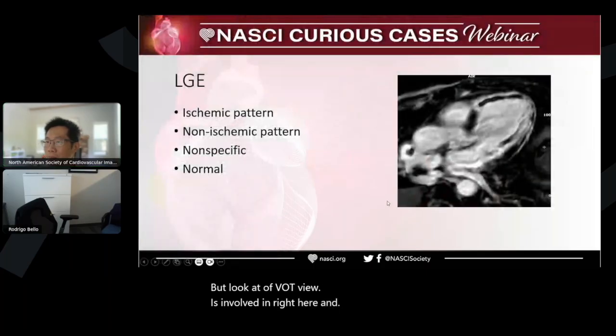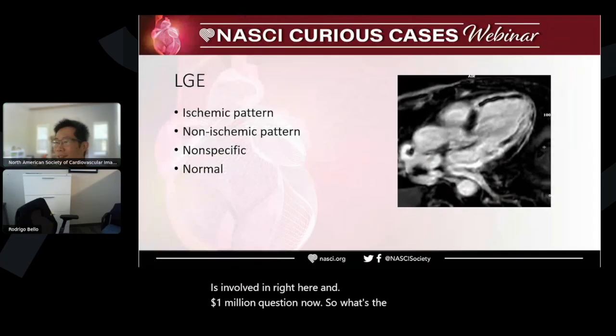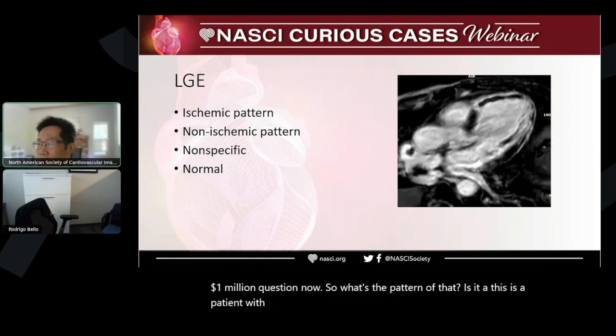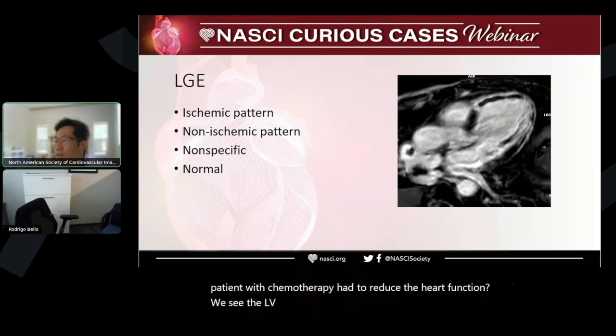$1 million question now. So, what's the pattern of that? This is a patient with chemotherapy who had reduced heart function. We see the LVEF is 40%, and elevated T1 and T2, and the ECV, extracellular volume, also elevated.